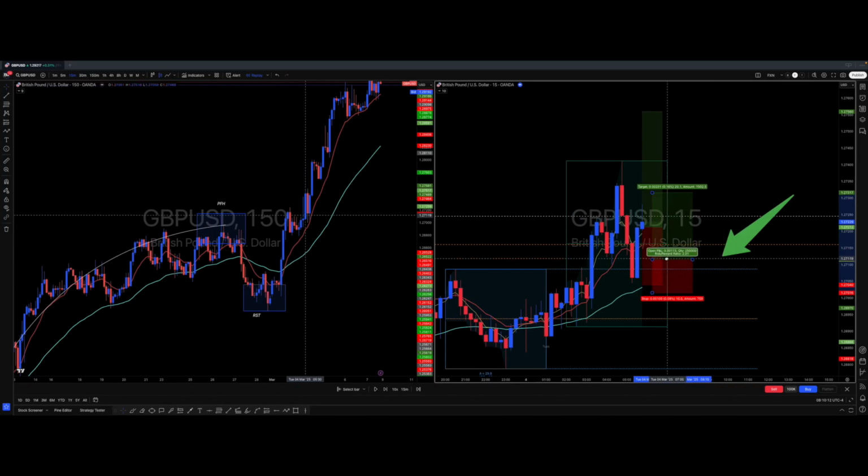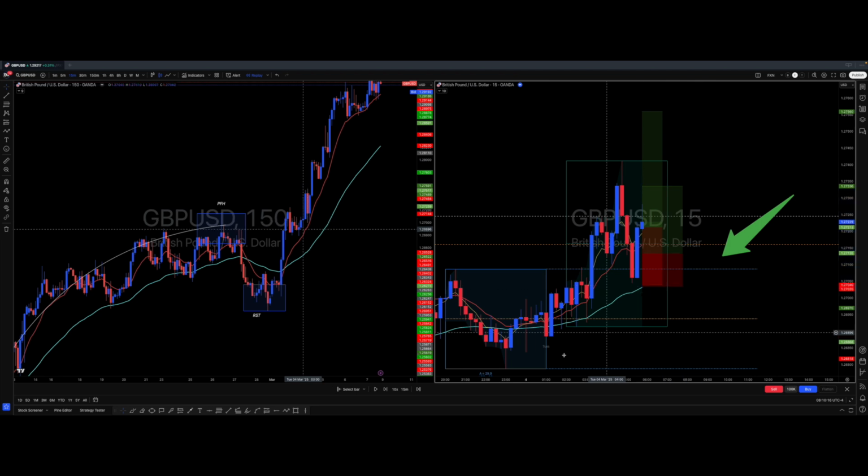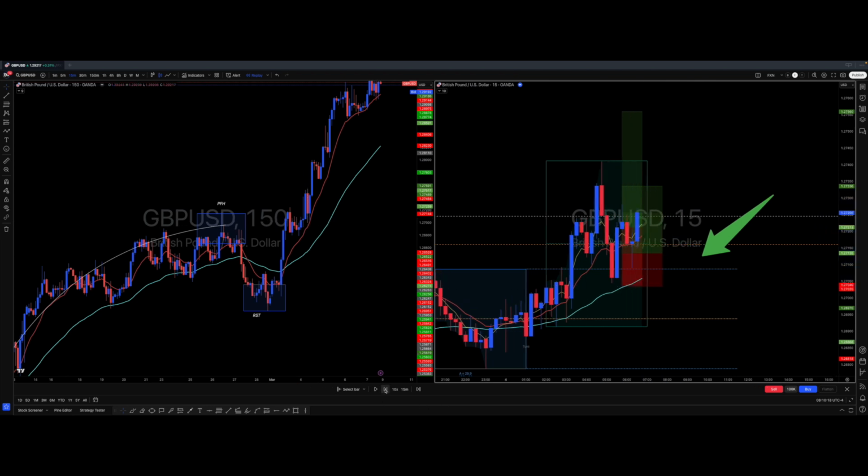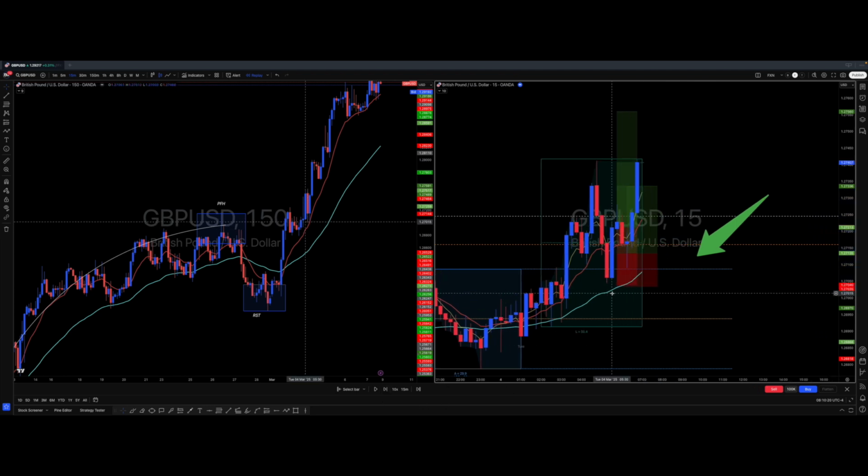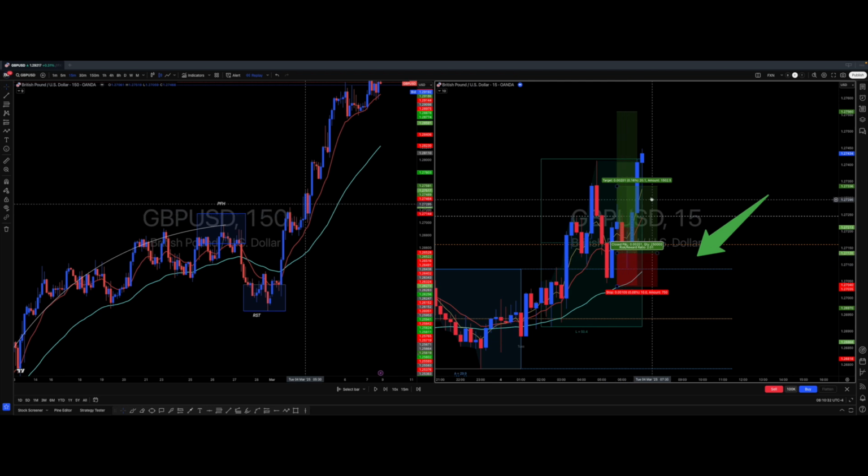Let's take a look and see what ends up happening here for either trader. So as we take a look here, you can see that the trader that got a buy limit order would have gotten hit. So the conservative trader got the actual entry that they wanted, and they were pretty much out within 30 minutes of the trade.